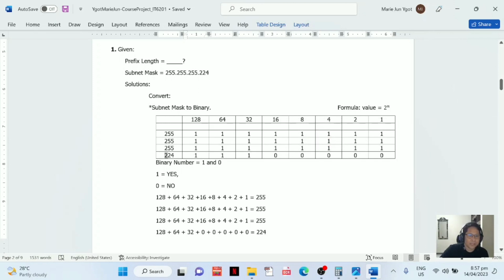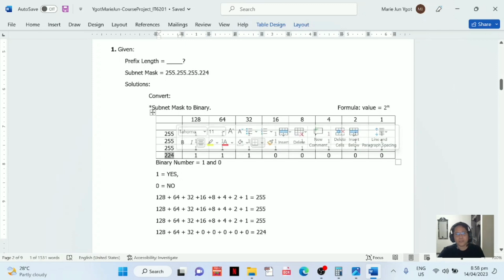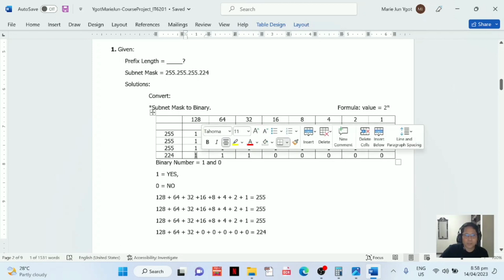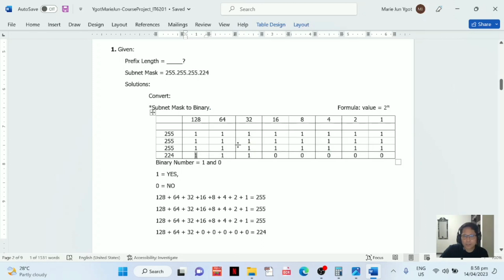So in the last octet, 224. Okay, let's find out. Can 128 be used in order to get 224? Yes. Can 64 still be added in order to get 224?